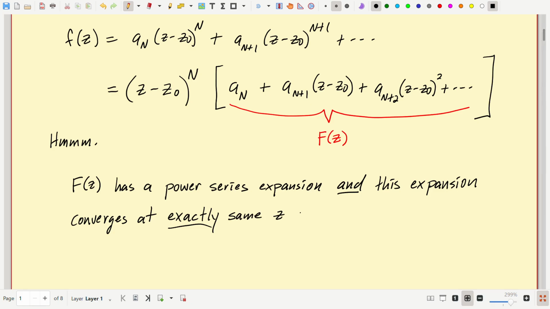Okay, that's surprisingly important because that means that the power series for capital F has the same radius of convergence.